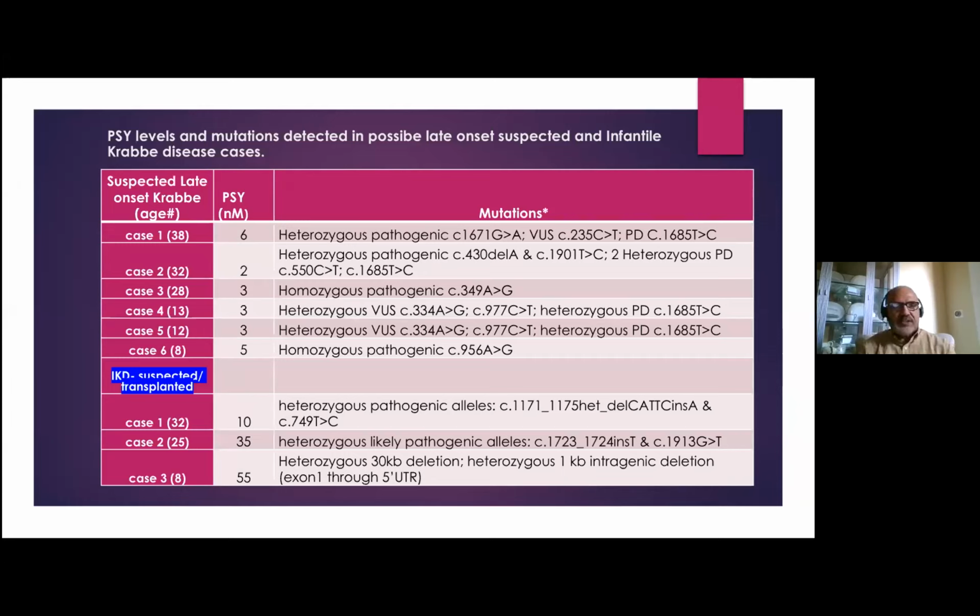The first 2 cases, with 10 and 35 nanomolar psychosine, had pathogenic alleles and elevated levels, and these infants were transplanted. The third case, which we recently detected, had psychosine of 55 nanomolar, and at this point the parents have not opted for transplantation. To my understanding, there are no symptoms at this point.